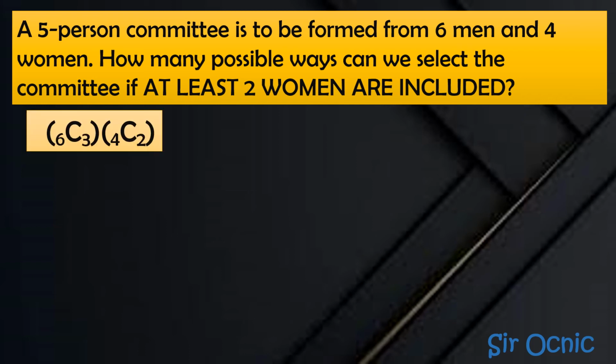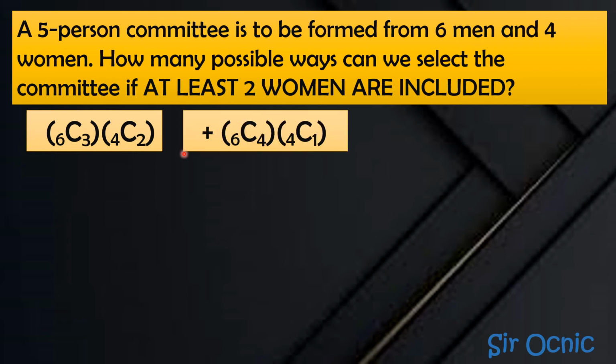So we will have 6C3 times 4C2. This one represents that there are 2 women from a group of 4 and 3 men from a group of 6, since the total number of the committee must be 5, plus 6C4 times 4C1. That is 1 woman from a group of 4 and 4 men from a group of 6 men, because 4 plus 1 is equal to 5, which is the required number of persons in the committee.